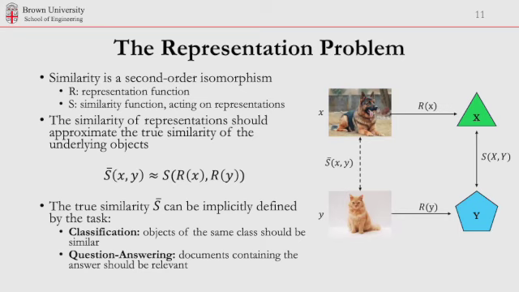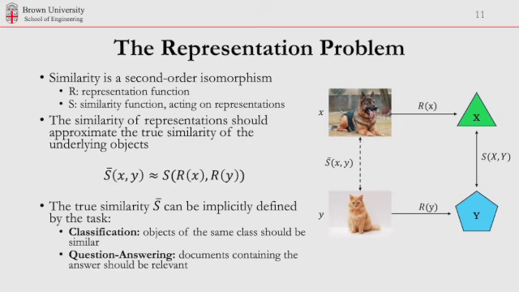We have this representation function, which maps objects to their representation. And we have this similarity function, which acts on those representations. And the goal of defining these two functions is that we want the similarity of the representations to approximate the true similarity of the objects.